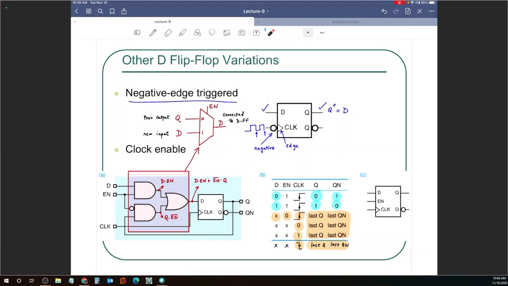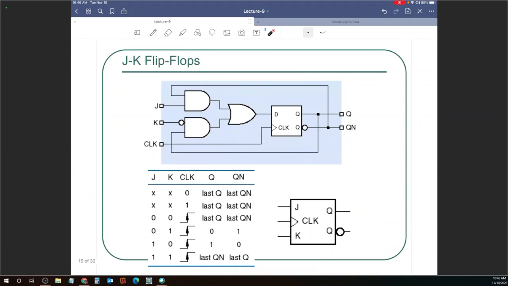Okay, so let's now move on to JK flip-flops. What you see over here is how to design a JK flip-flop using a D flip-flop.